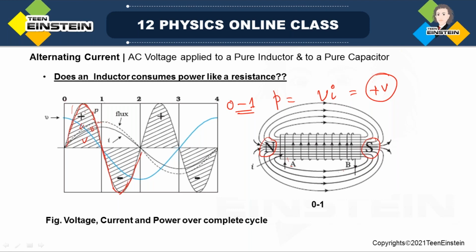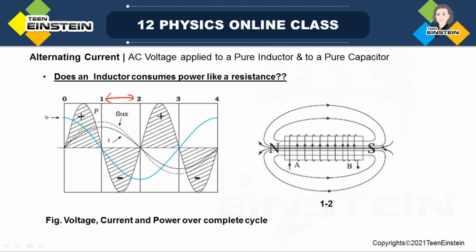Now we will go to the next part, this 1 to 2. Look, in 1 to 2 what happens? See, your voltage has become negative now. So V is negative here.